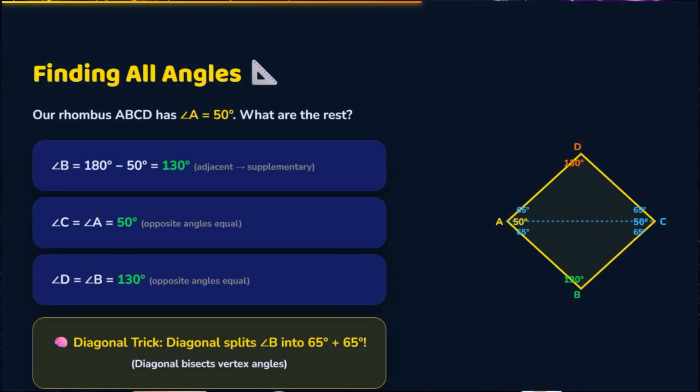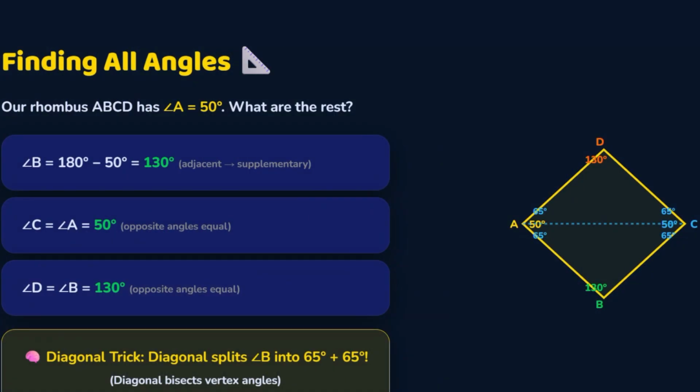Since a rhombus is a parallelogram, we know that adjacent angles are supplementary, that is 180 degrees. So angle B will be 180 degrees minus 50, that is 130 degrees. Angle C will be equal to angle A, that is 50 degrees, because opposite angles are equal. And angle D is equal to angle B, that is 130 degrees. So the four angles are 50, 130, 50 and 130 degrees.